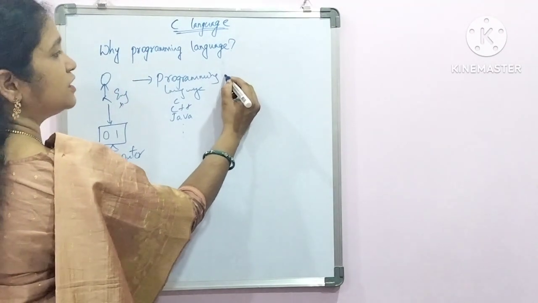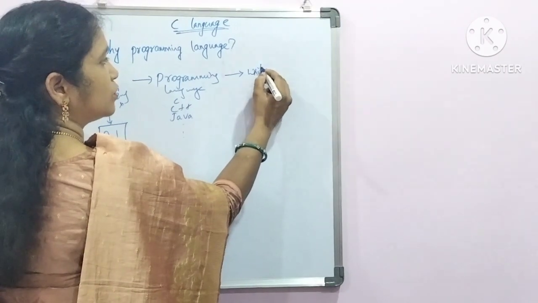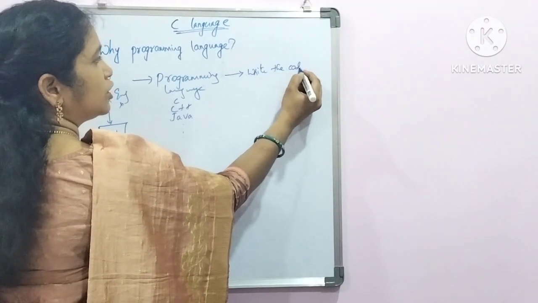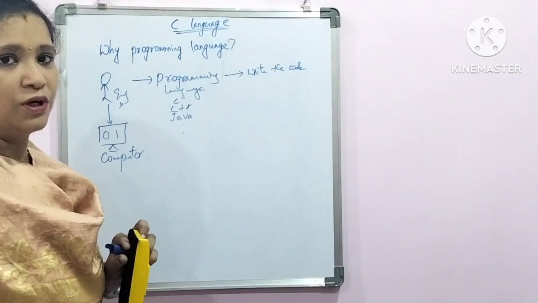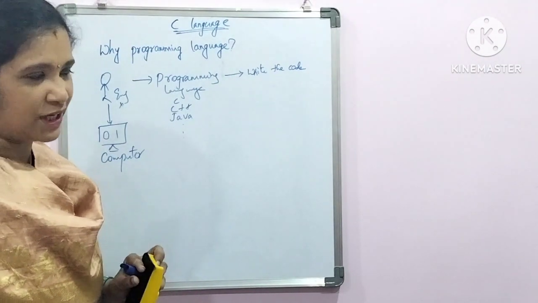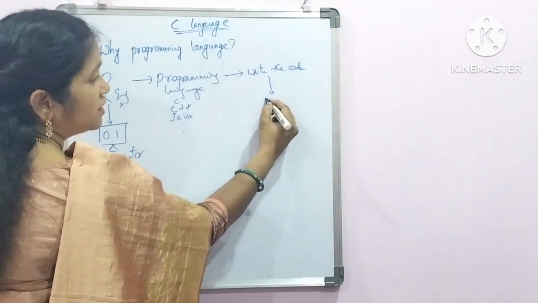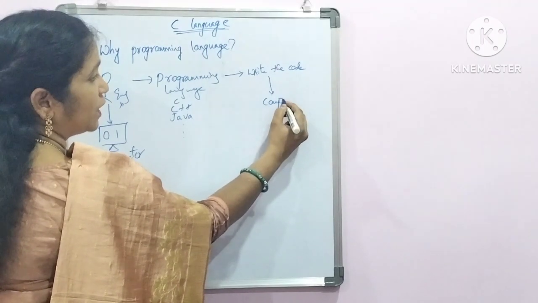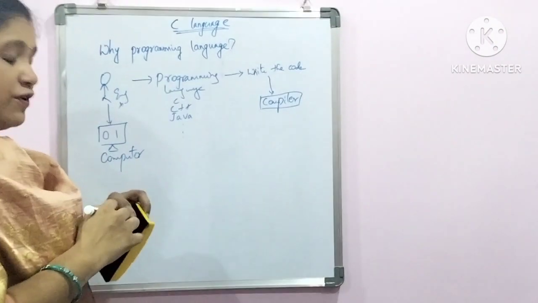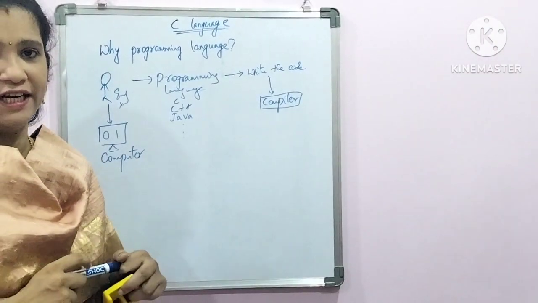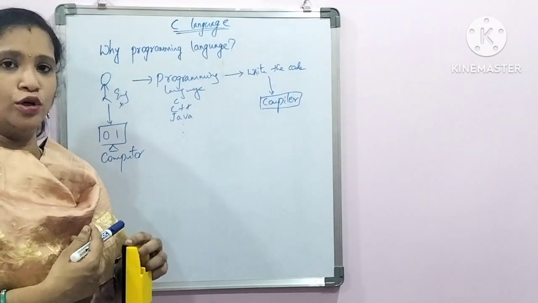After learning the programming language, we need to write the code in the computer. After writing the code, humans need to check whether the written code is correct or not. For example, if you are talking in English, we don't know whether we are talking in a correct manner or not.